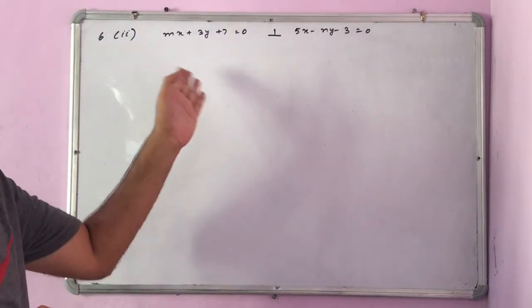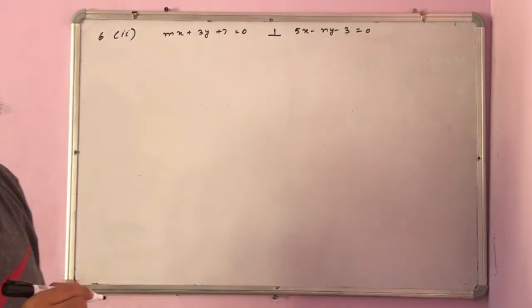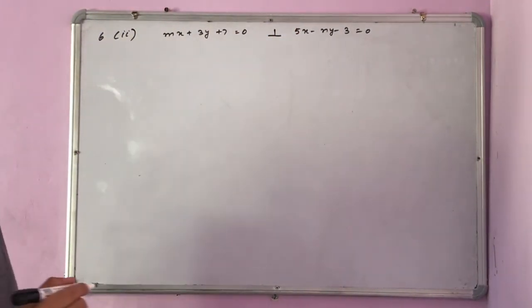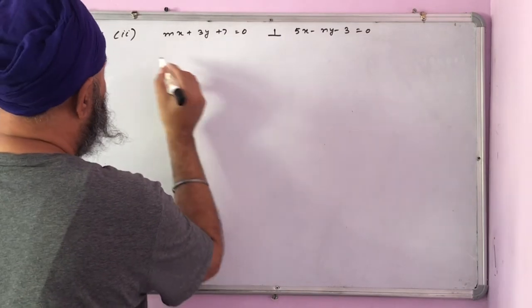These two lines are perpendicular to each other. We have to find the relation between m and n. So we find slopes for these two lines.